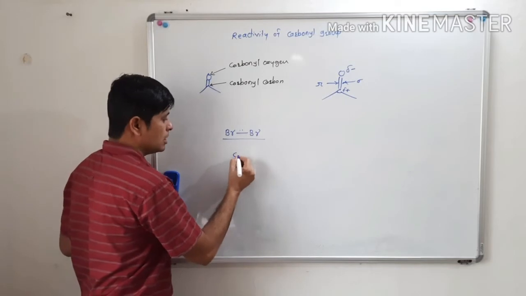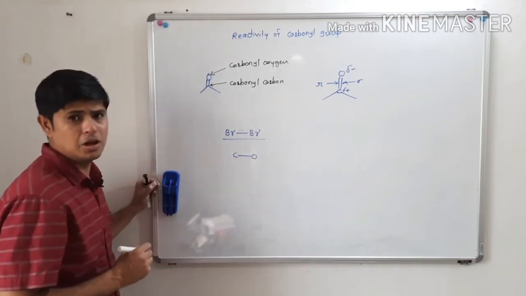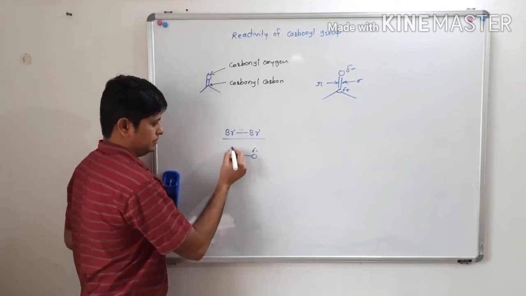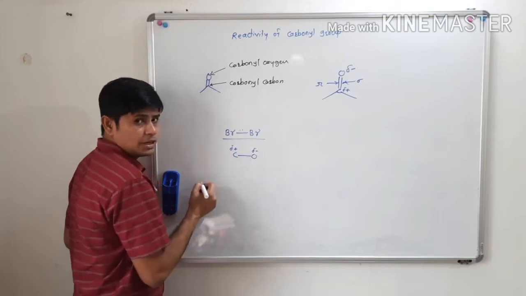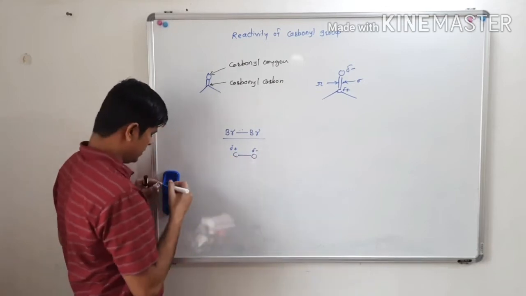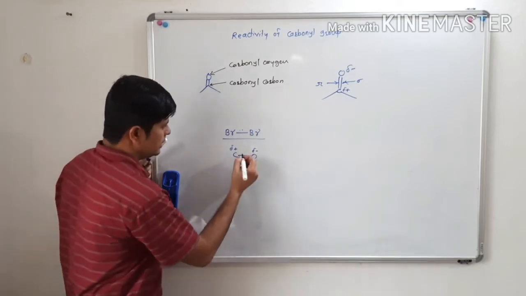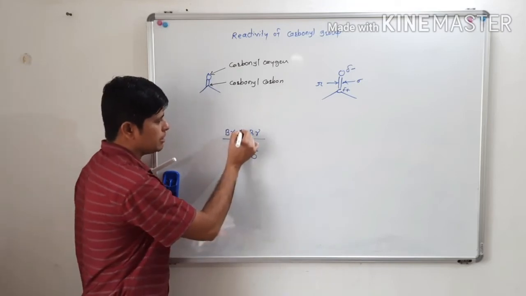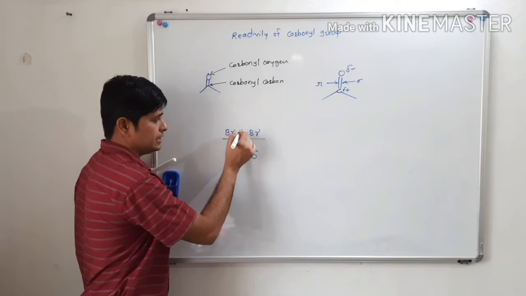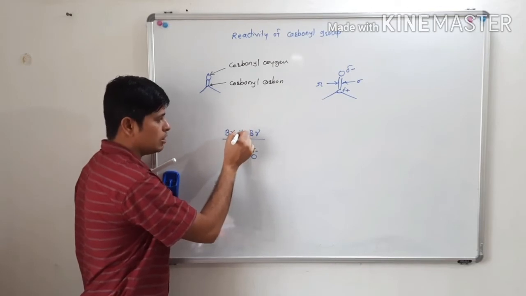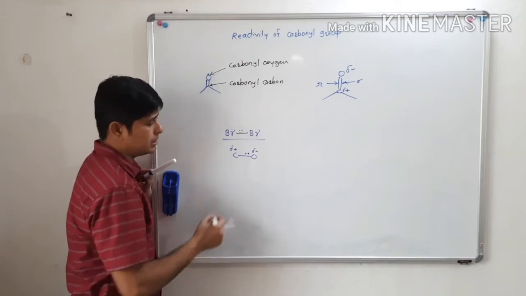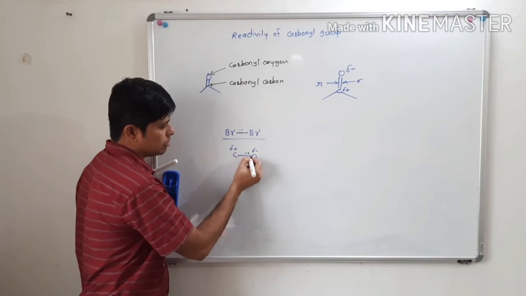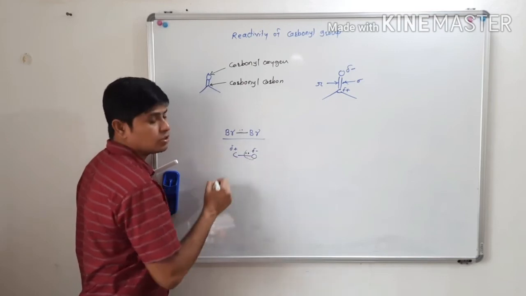But if we have carbon and oxygen, oxygen is more electronegative than carbon, so the bonding pair of electrons is more towards the oxygen atom.